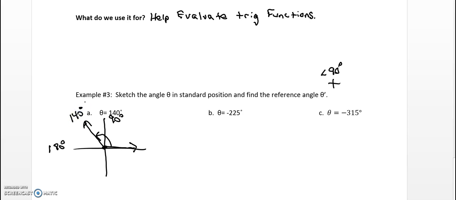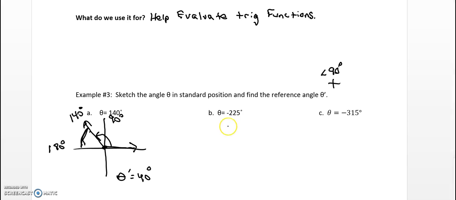Now the definition says that theta prime is going to be from your terminal side to the nearest x-axis, which means I want to find how far it is in angle measure from my terminal side to the nearest x-axis. Well, that's simply 180 minus 140. So theta prime is 40 degrees. It's just 40 more degrees to get to 180. Now notice it's positive, and it's always going to be less than 90.